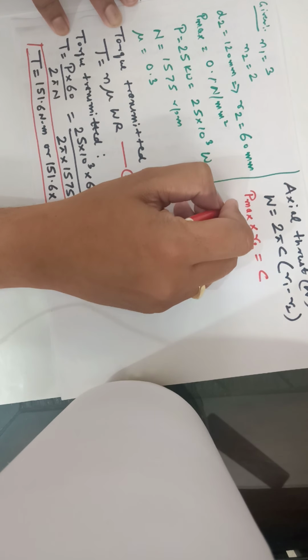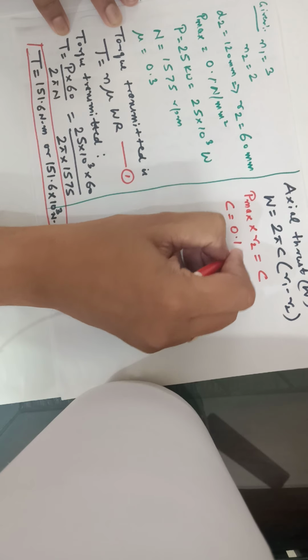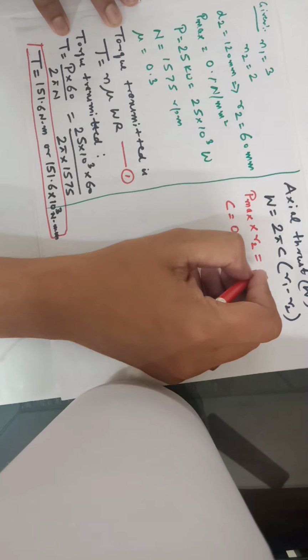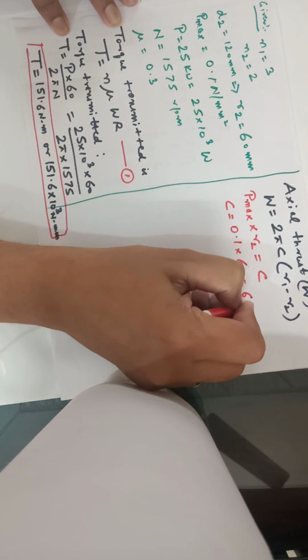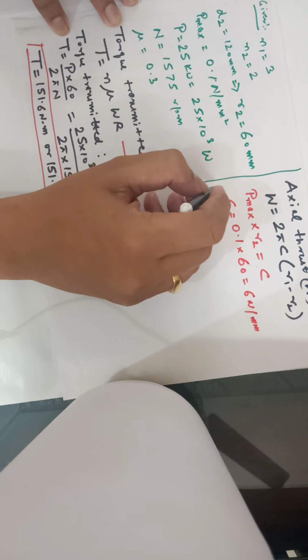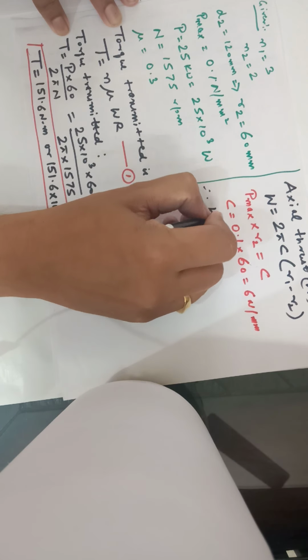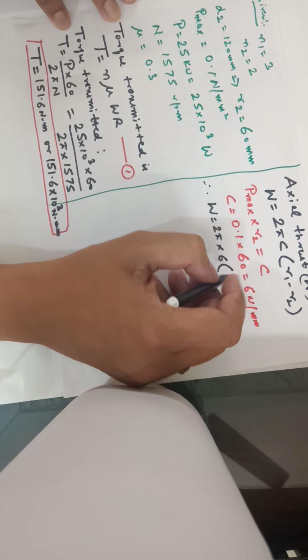From here we can find C. P max is 0.1 and radius r2 is 60. So we can write 6 Newton per mm as the value of C. If you put the value in the above equation, what will we get? W is equal to 2 pi into 6, into r1 minus 60, since r1 is not given to us.